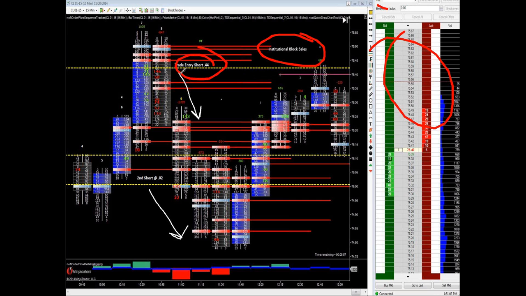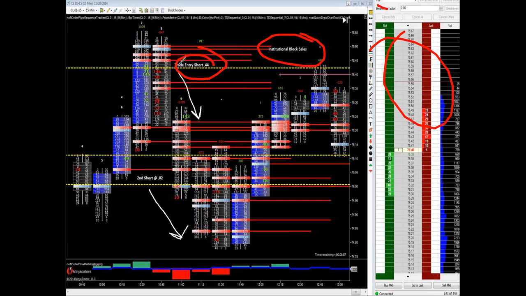It's a user's chart, and they've taken a short there at 44 after identifying institutional block sales through the NOF.